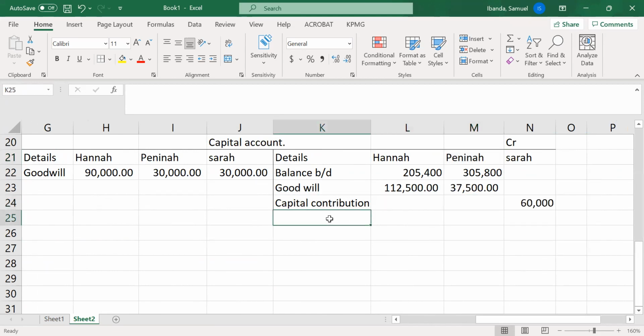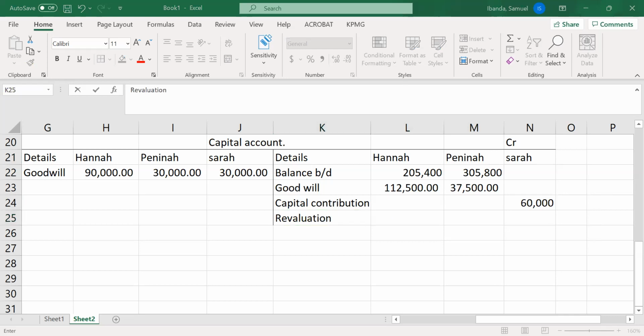So that revaluation gain is also brought here and shared among these partners. Like I said, this is supposed to be shared based on their previous sharing ratio.